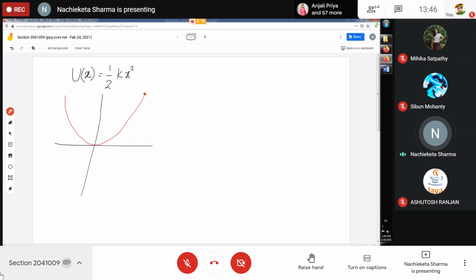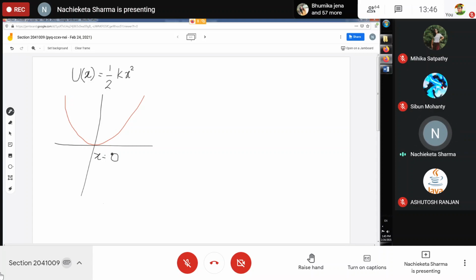This is your U equals half kx squared graph, and your potential energy is 0, a minimum, at x equals 0, isn't it? You look at this equation: at x equals 0, your potential energy is minimum.